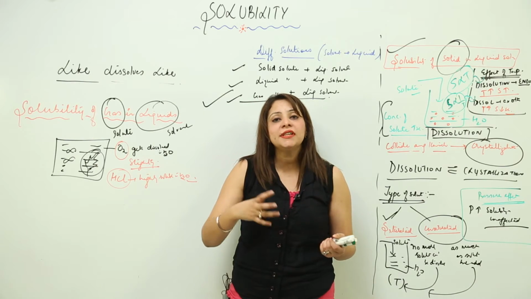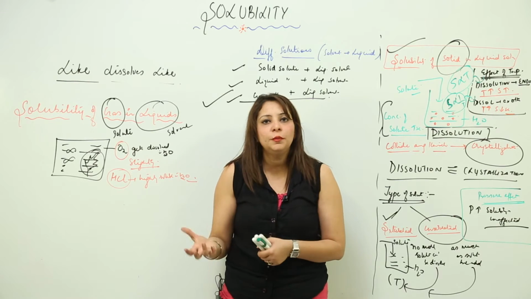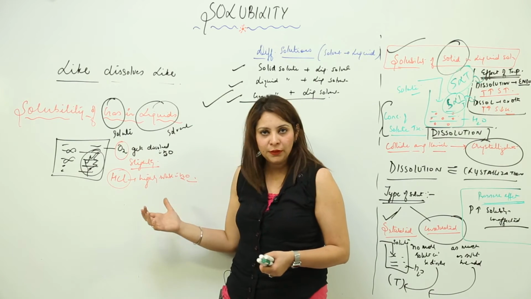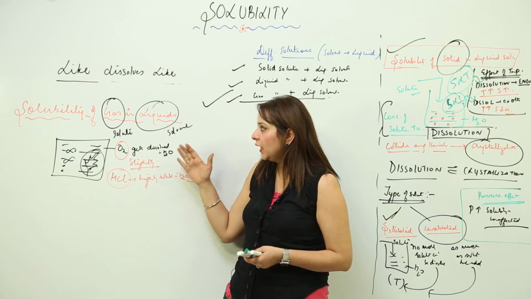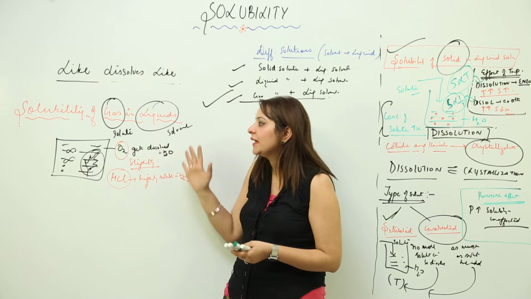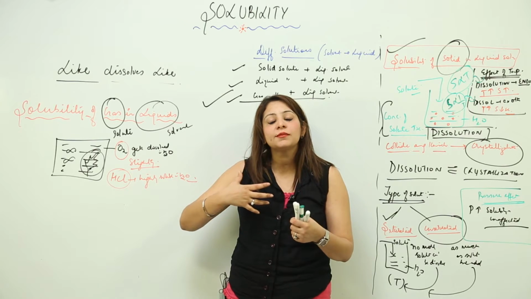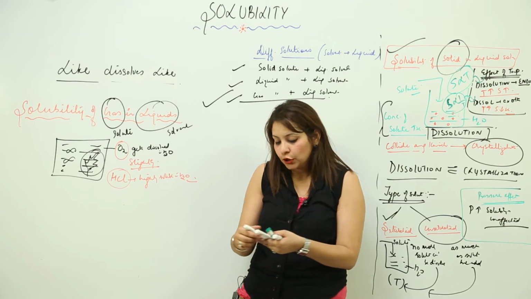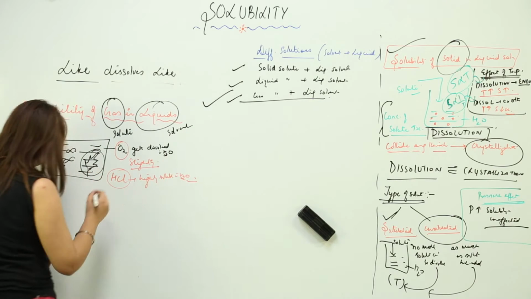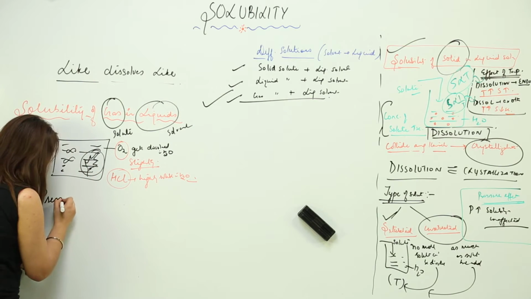So we see a variation that some gases are more soluble and some gases are less soluble in the given solvent. So what is actually the factor responsible for that, or how can this solubility be increased or decreased? Let me explain the most important effect, the pressure effect.